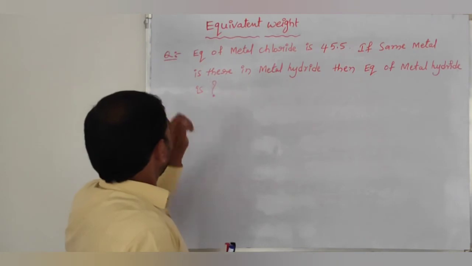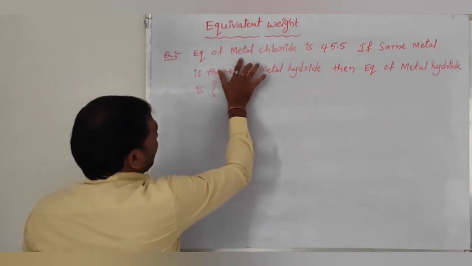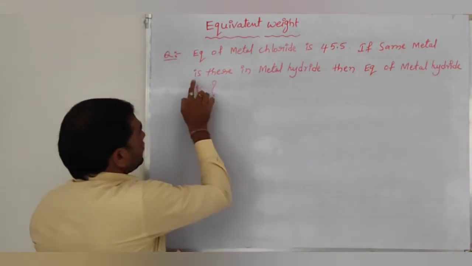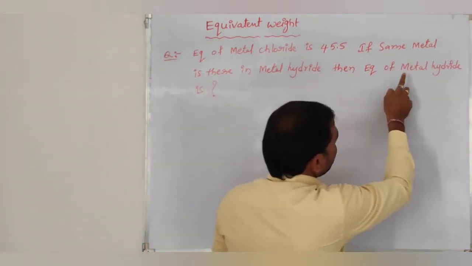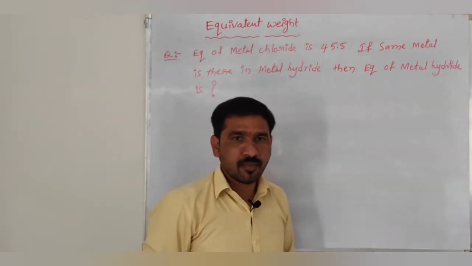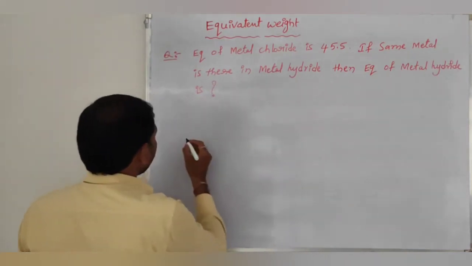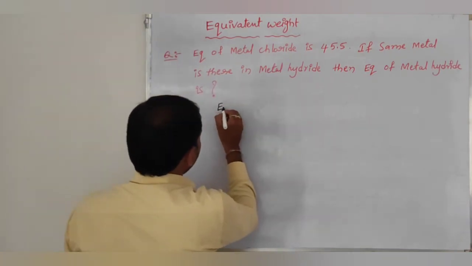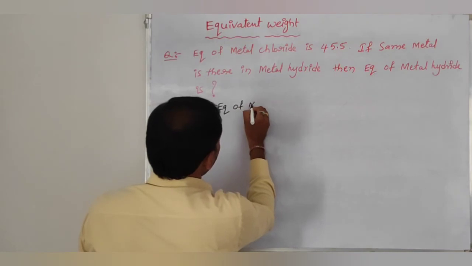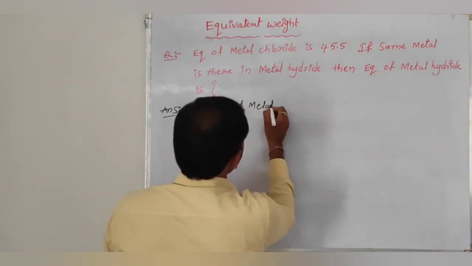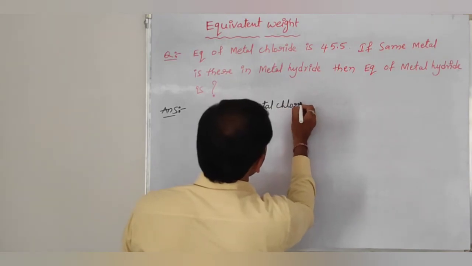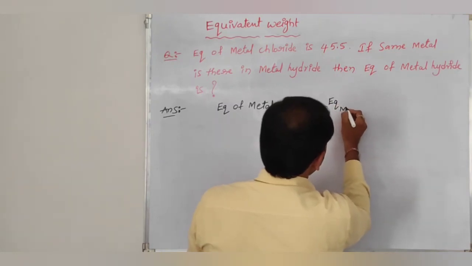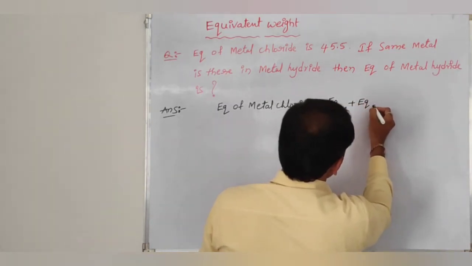Related questions. Then coming to the question: given the equivalent weight of metal chloride is 45.5, if the same metal is there in metal hydride, then the equivalent weight of metal hydride is? So here, first, equivalent weight of metal chloride is equal to equivalent weight of metal plus equivalent weight of chlorine.